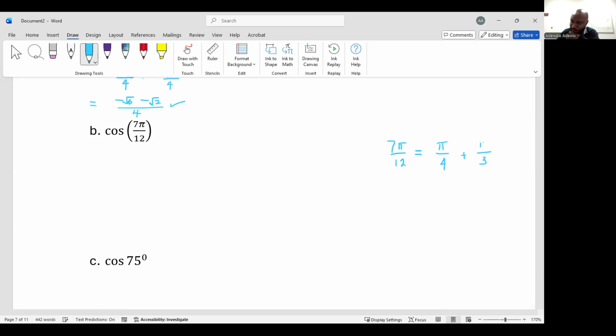Pi over 4, pi over 3. Let's see. This is 12. This is 3 pi plus 4 pi. And that is 7 pi over 12. Good. It works. So I just need to come here and say I can rewrite this as cosine of pi over 4 plus pi over 3.